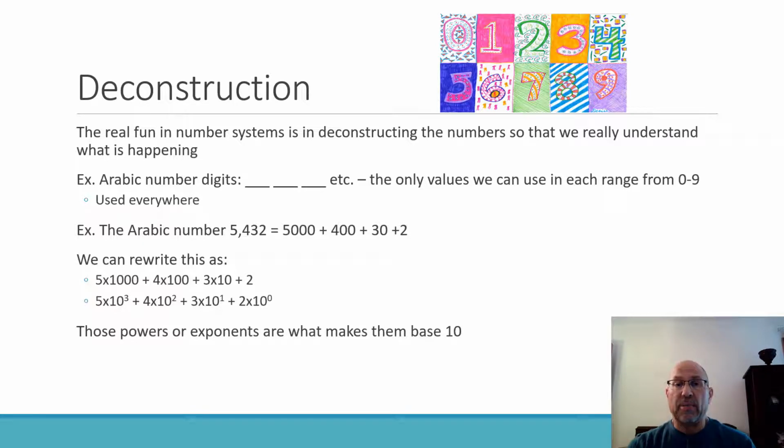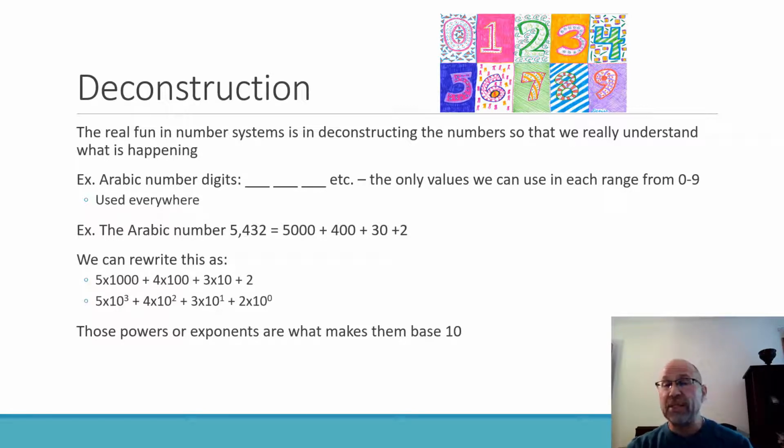Now the base, the 10, is what really makes these a base 10 set of numbers. And so when we deconstruct this in this way, kind of using that old scientific notation, it becomes a little clearer why the numbers are structured the way that they are.